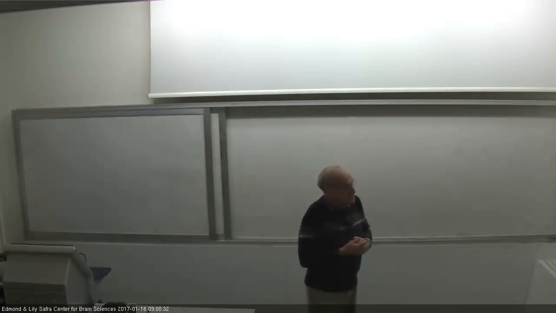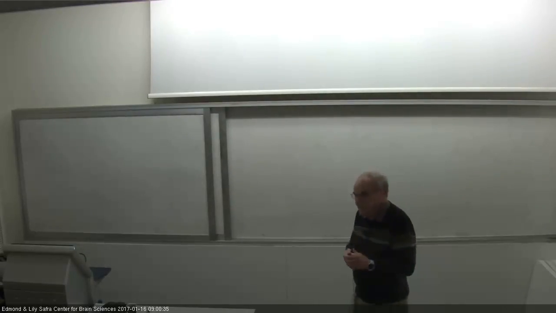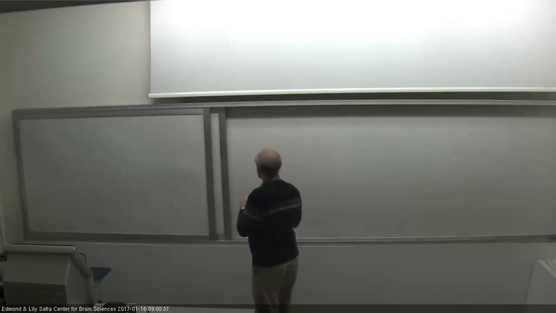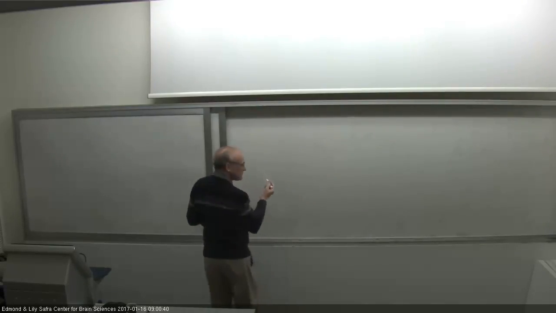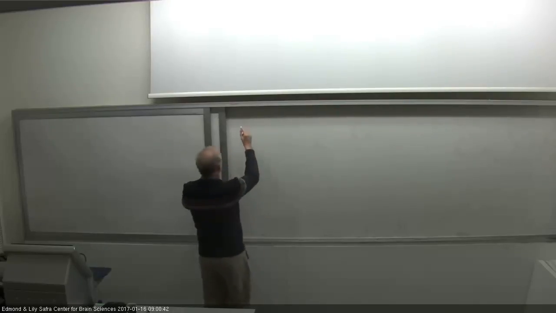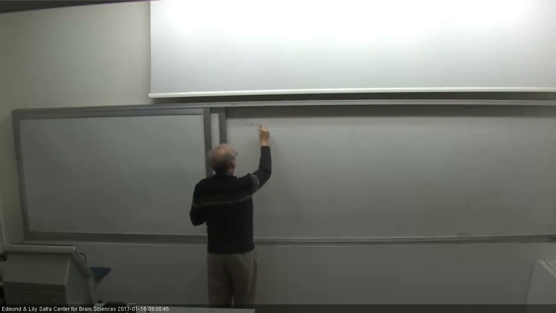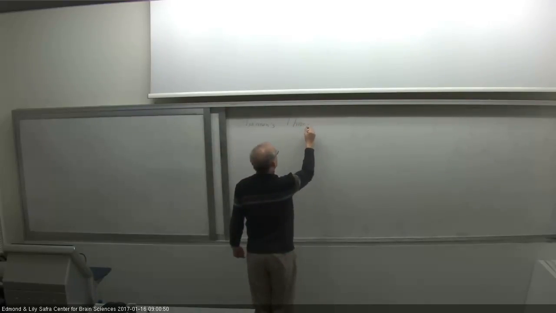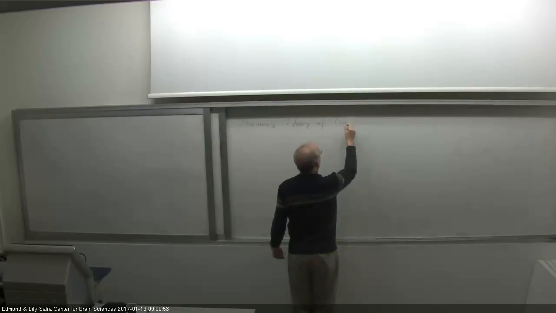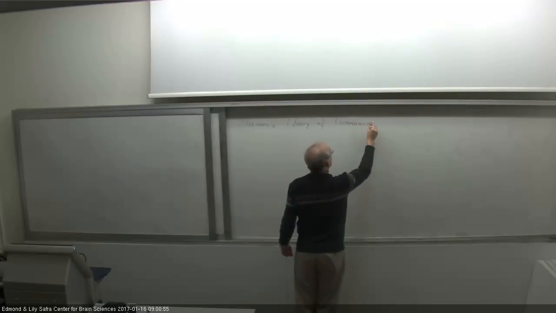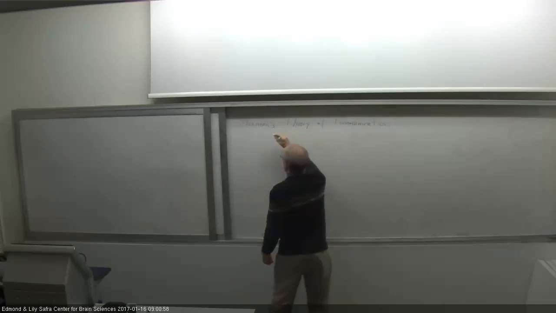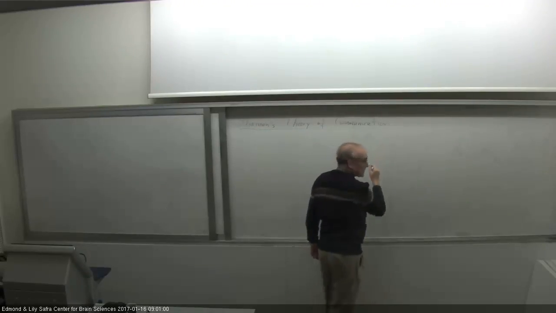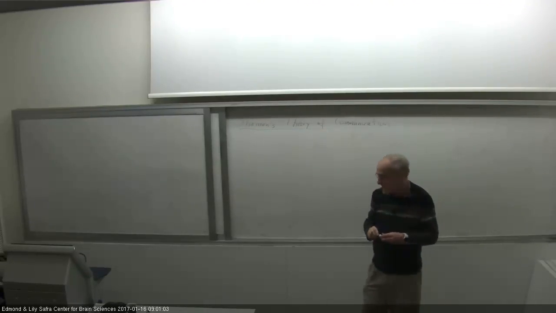So what I want to do today is essentially review and give you some intuition about the rest of Shannon's communication theory. Well, I know that it's called information theory, but I actually prefer to call it Shannon's theory of communication, which is essentially the name Shannon himself gave it in his original papers.